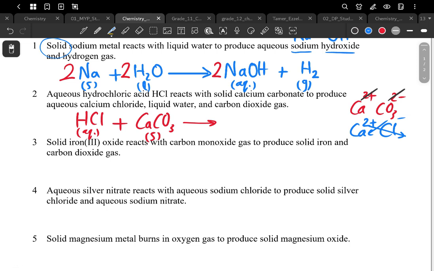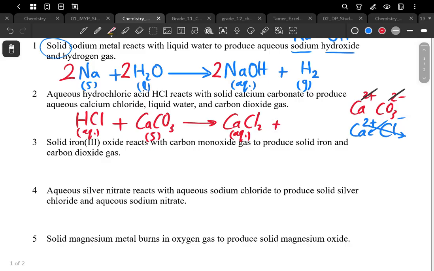Again, in order to cancel out the charges whenever they are not equal, just crisscross the numbers, okay? So the final formula, or the correct formula of calcium chloride, is CaCl2, okay? And this is an aqueous solution, okay?